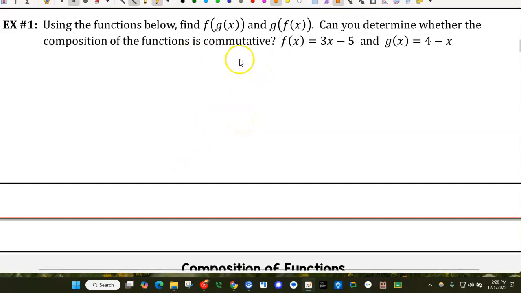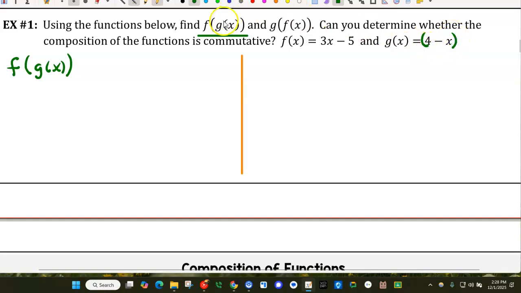Let's do two parts here. First, let's find f of g of x. Normally we'd plug in a number for x in f and get an answer. This is saying, instead of plugging in a number, I'm going to plug the entire expression g of x in for each x. Here's g of x: it's 4 minus x.